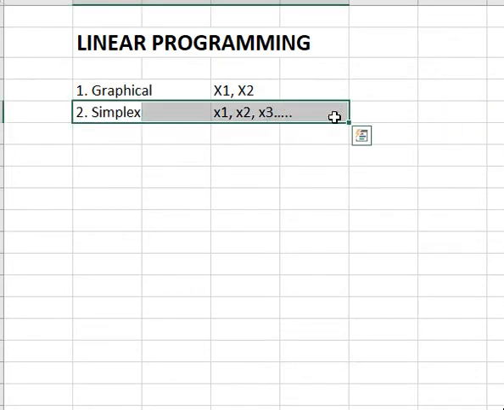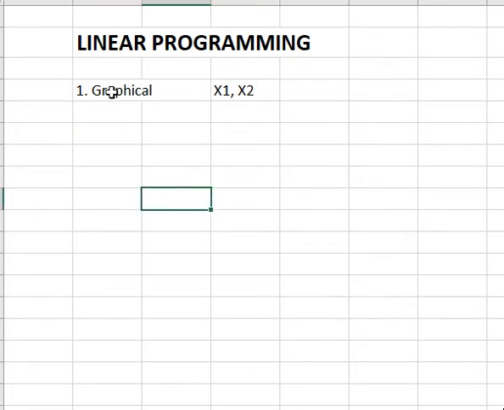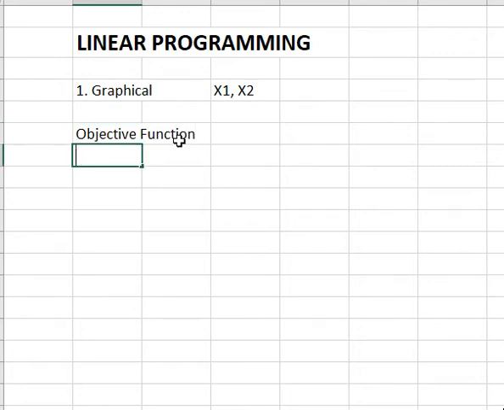If you will be creating a linear programming model, regardless of anong nature niya, kung siya ay graphical or simplex, you need first to identify two different functions. You need your objective function and your subjective function.